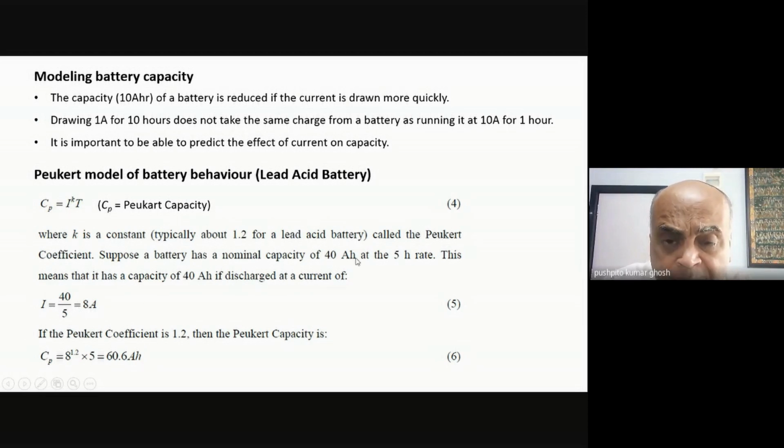So this is the experimental data of how many ampere hour I actually got out when I operated it at 5 hours. Now, when I plug this into this equation, I'll get 8 to the power 1.2 multiplied by 5 hours, where 8 is my ampere, and it comes to 60.6 ampere hour, which means that actually the battery had 60.6 ampere hour of charge in it, and I only got 40 ampere hour out of that.